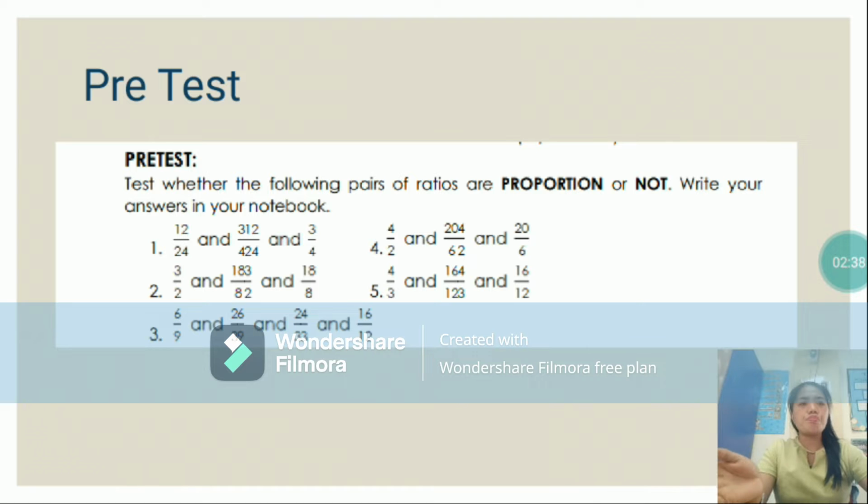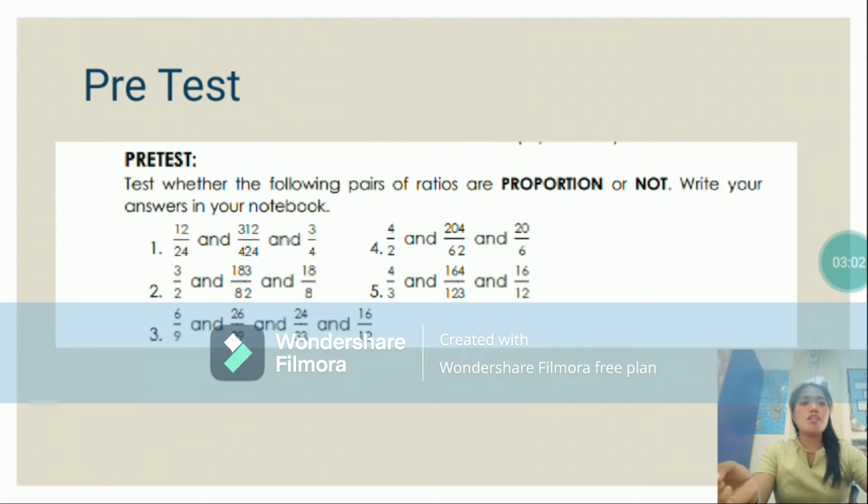Number 1, you have 12 over 24, 312 over 424, and 3 over 4. You have to show your solution before you state whether it's a proportion or not. Number 2, 3 over 2, 183 over 82, and 18 over 8.